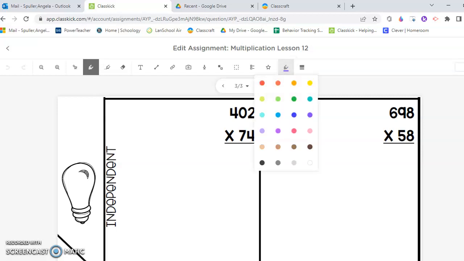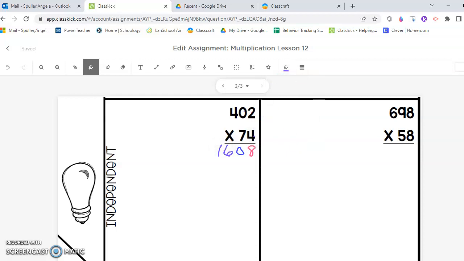All right, so here's what you should have done. Let's start. 4 times 2 is 8. 4 times 0 is 0. And 4 times 4 is 16. Remember to move my placeholder. 7 times 2 is 14.